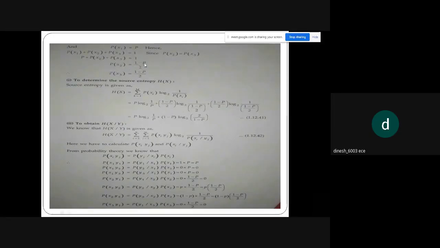Taking it to that side, we get P of x2 is equal to 1 minus P divided by 2, and P of x3 is also 1 minus P divided by 2. You will get it as 3 different values: P of x1 is P, P of x2 is 1 minus P by 2, P of x3 is 1 minus P by 2.